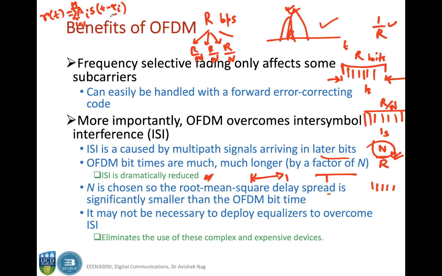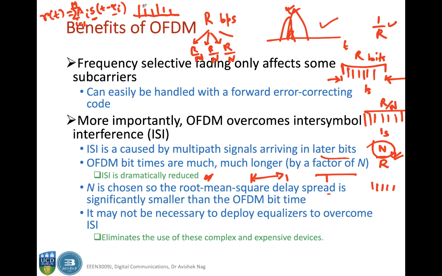Basically these are all the same signal, but they are arriving through multiple paths and having multiple delays. So if you plot the impulse response of the channel, there will be different taps with different amplitudes.